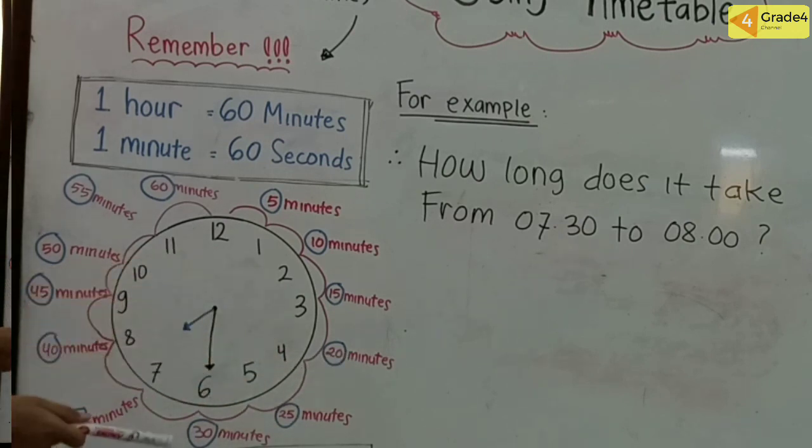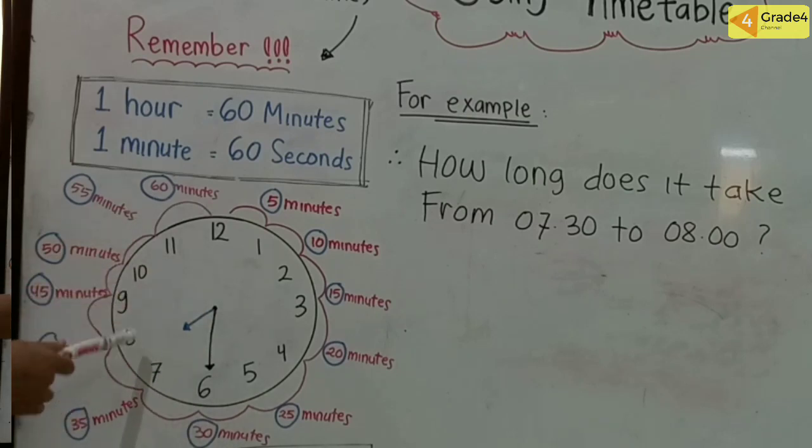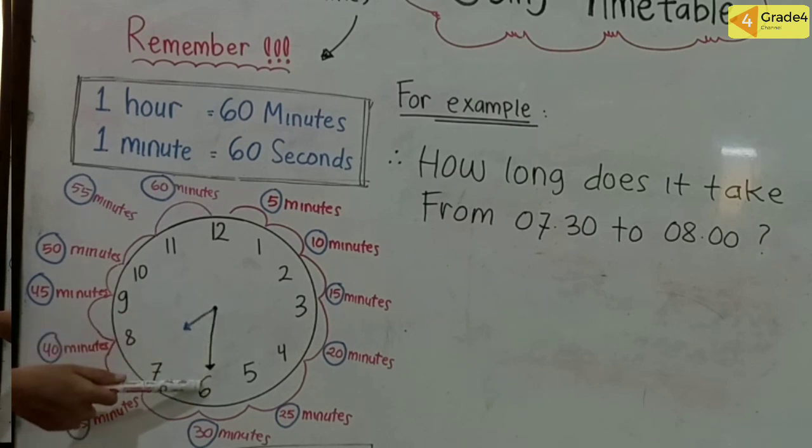Right? And then from the clock we can know the time. The short hand shows between 7 and 8, but the long hand shows half of the time at number 6.